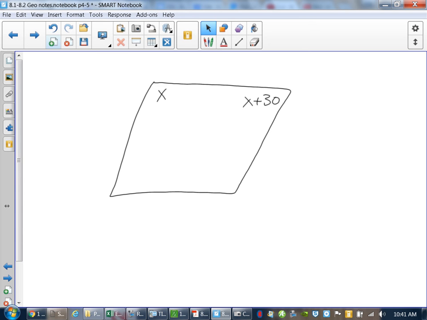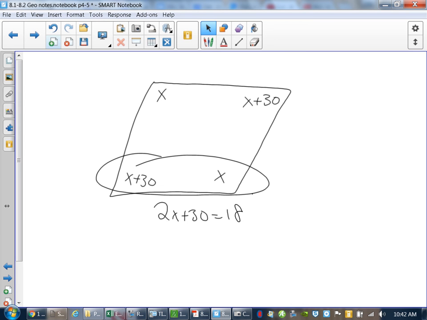Does that make sense? Because again, knowing that in a parallelogram opposite angles are the same, if they're next to each other, they're always going to add up to equal how much? 180. So if I do that, I get 2x plus 30 is 180. And you're back to another very fast two-step algebra problem.